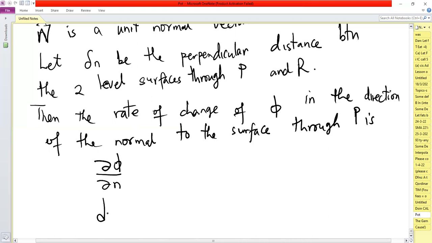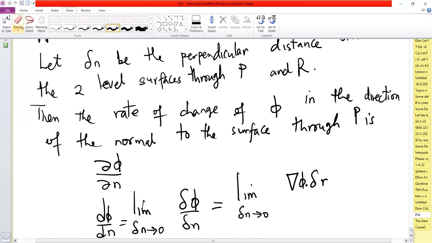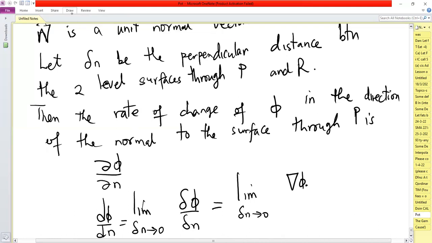And we know from calculus that d phi dn is given by the limit as delta n approaches 0 of delta phi over delta n, which is the same thing as the limit as delta n approaches 0 of gradient of phi dot delta r over this delta n.